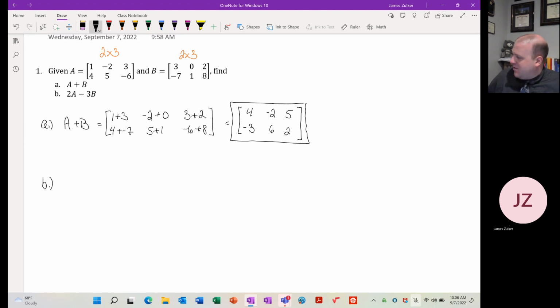For scalar multiplication, all we do is multiply each entry by the scalar.